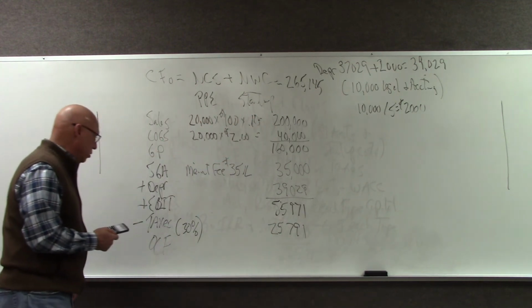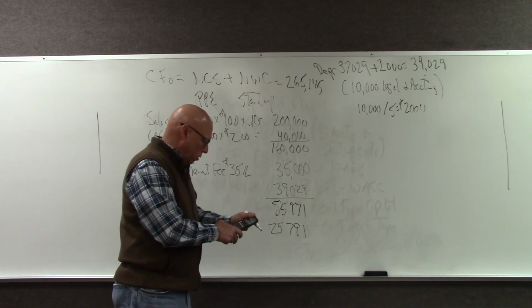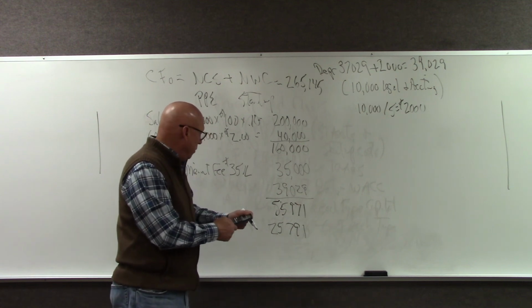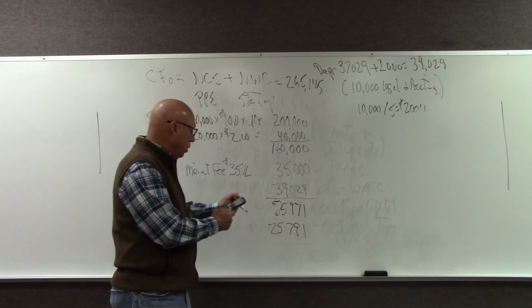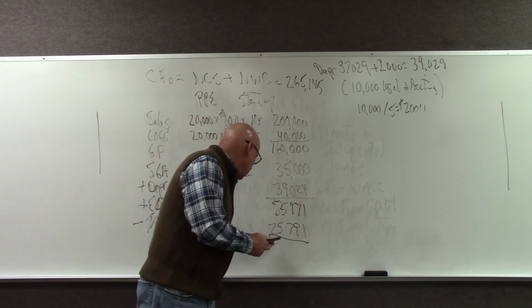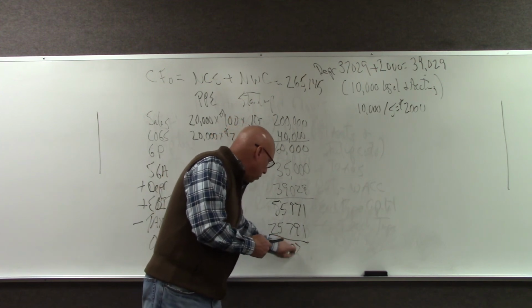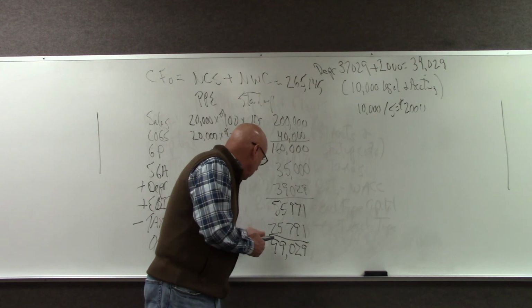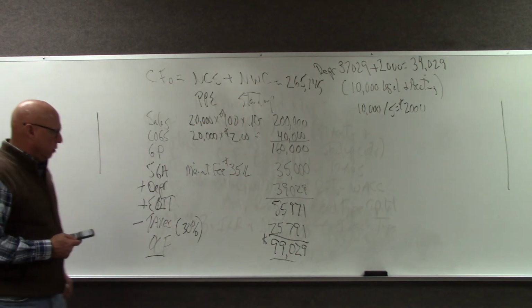Okay, that's our taxes. All right. So EBIT 85,971 plus depreciation 39,029 minus our taxes 25,791 equals 99,029. Okay, that's our operating cash flow right there.